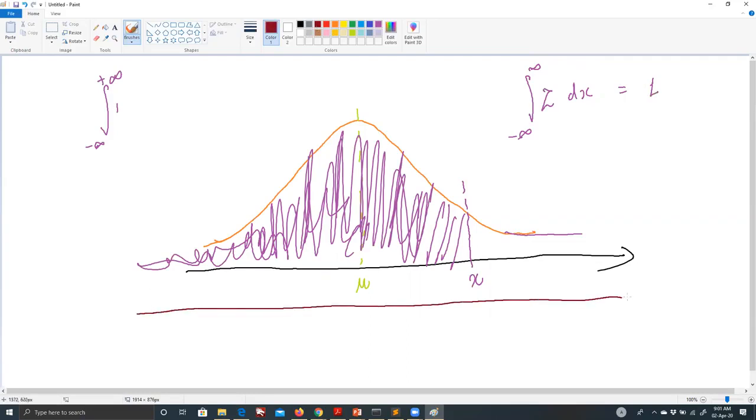The whole length, what it means is that if you go from negative infinity till positive infinity, you get 1, or basically 100% of the population. Agree? But this area is called alpha area.